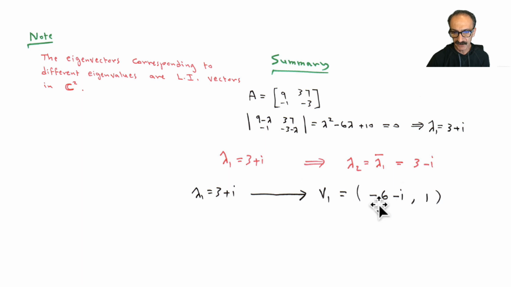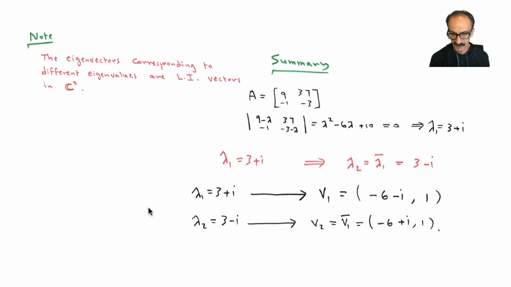You notice that I distributed the minus sign. So once you have this, you're almost done. You just need to write the answer for lambda 2 and v2. Lambda 2 is the conjugate and v2 is the conjugate: minus 6 minus i, 1 and minus 6 plus i, 1, and that should do it for this problem.